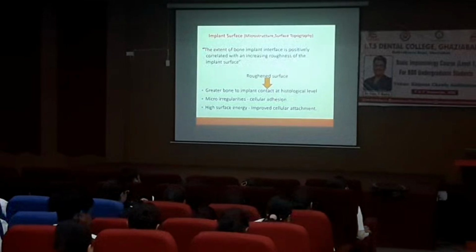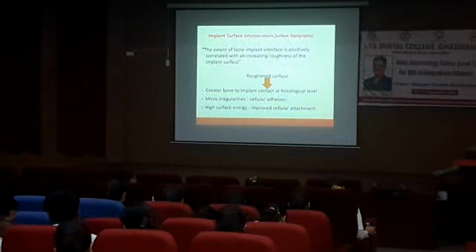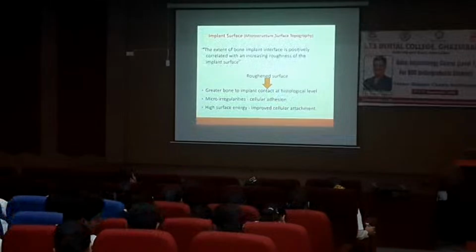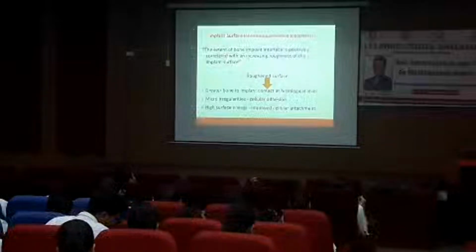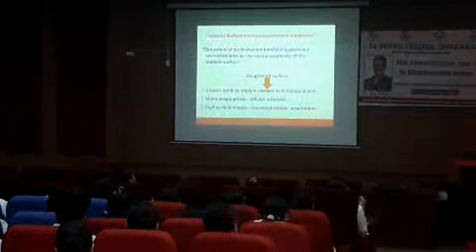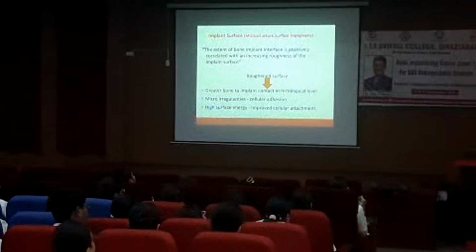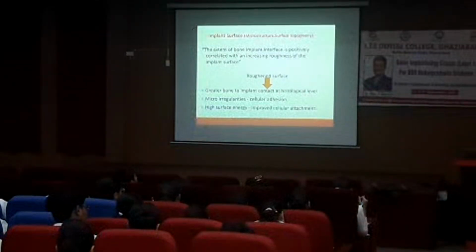So sand blasted, large grit and acid etch. This is one of the most commonly used surfaces, being used in most of the implants nowadays. The good companies are coming with some nano characterization, characterizing at the nano level. So these are the expensive implants you talk about. Now, would you like a hydrophilic or a hydrophobic surface? A hydrophilic surface will allow blood to directly form on the implant surface.